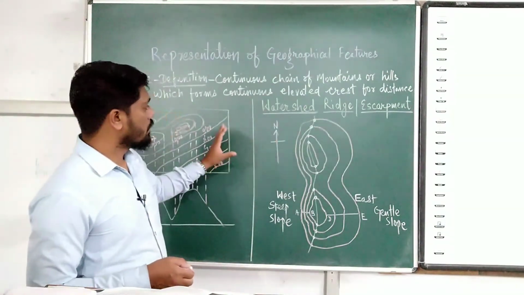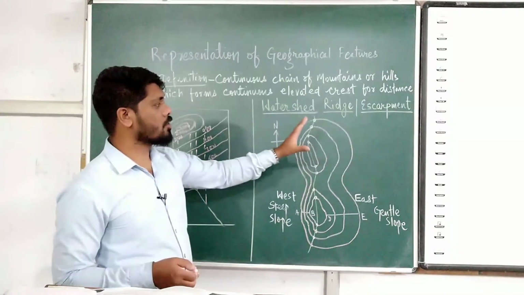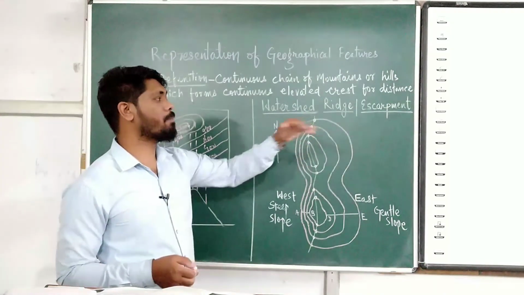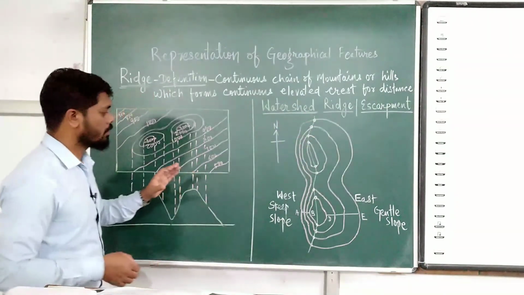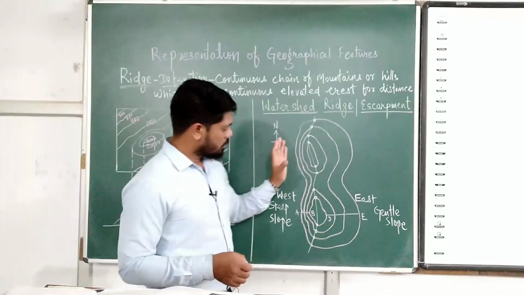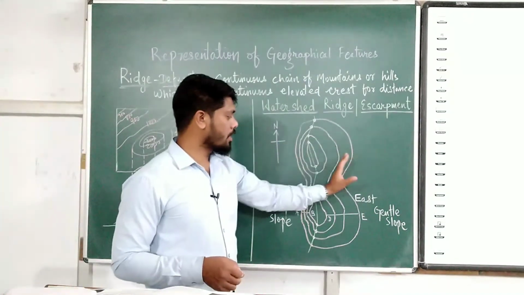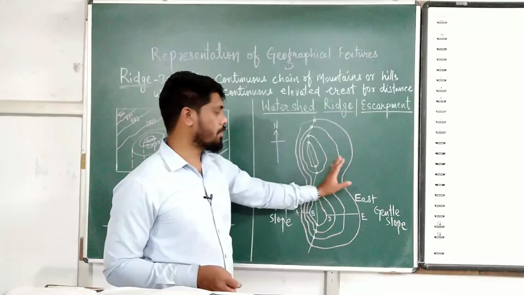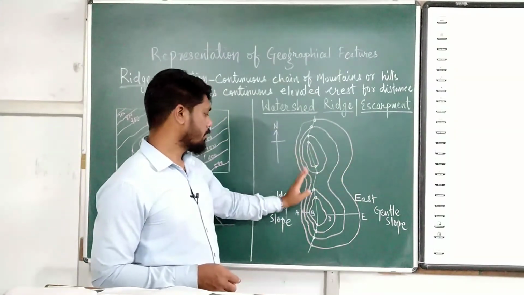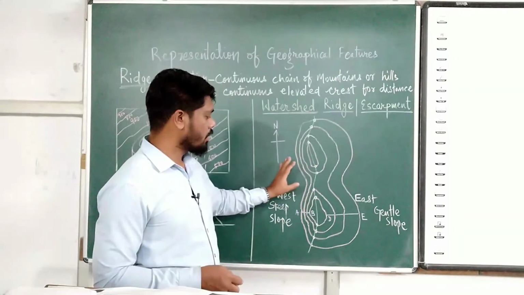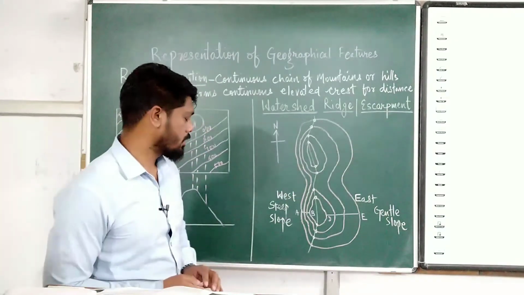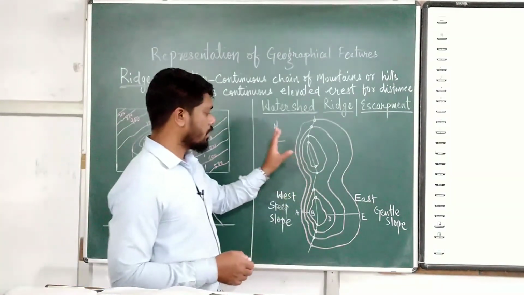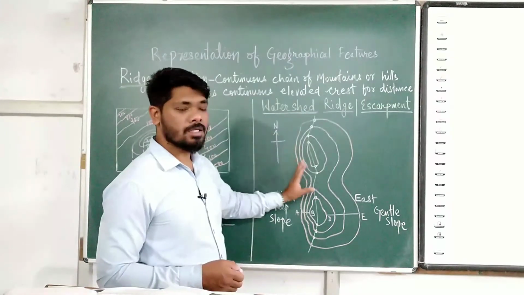Now the next one is the watershed ridge, also known as escarpment. You see that on the east side the contours are very far from each other, and on the west side the contours are very close to each other. So on the west side, the actual landscape is very steep.